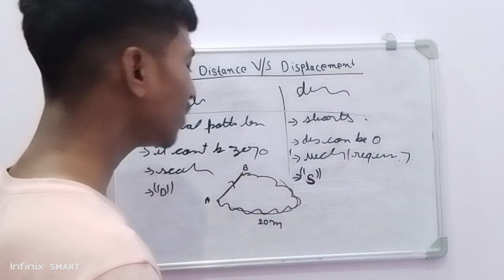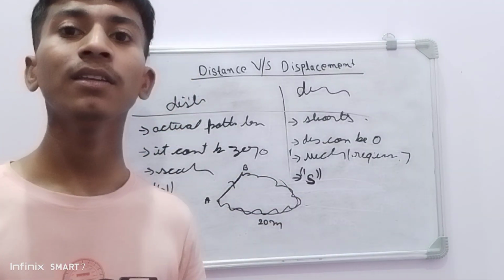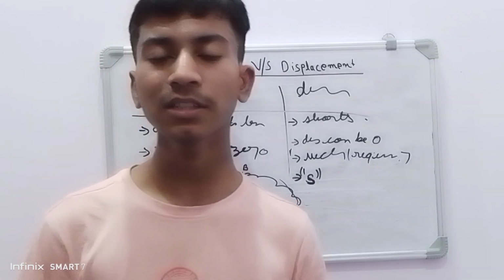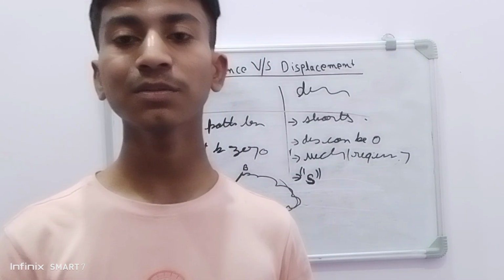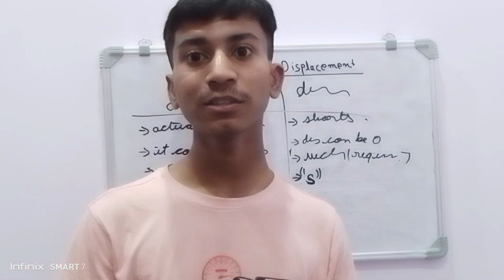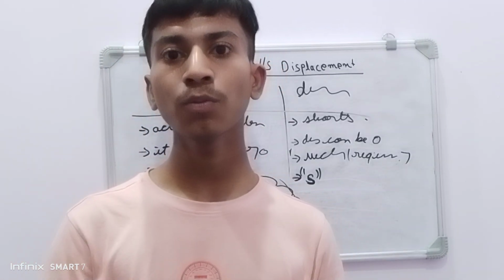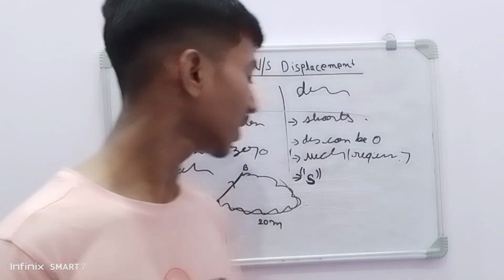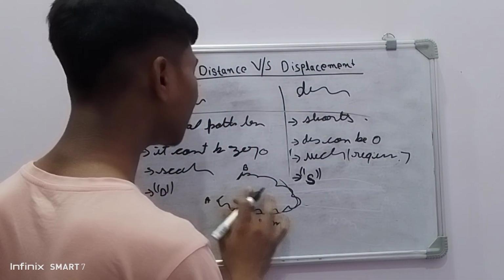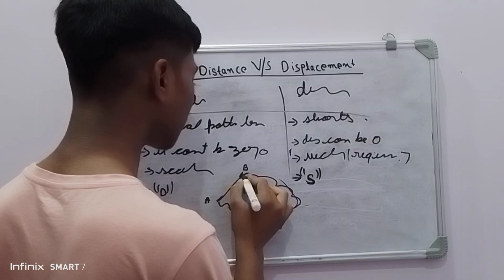So in this way you understand that if you are finding the shortest distance from point A to point B, then it is called the displacement. And remember that the displacement of two points you can only find by joining them with a straight line. You cannot make a small distance like this.